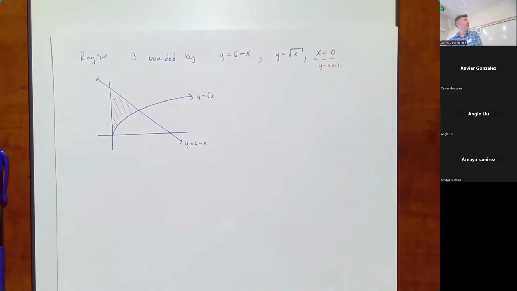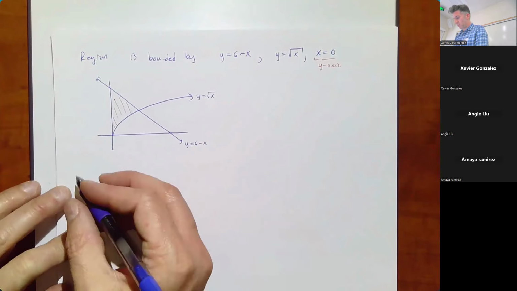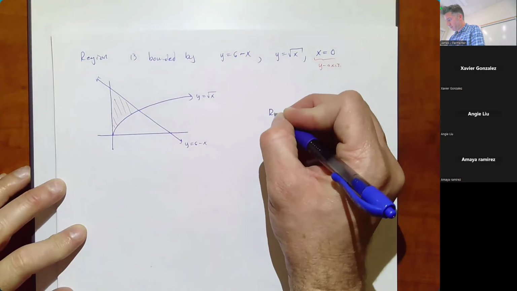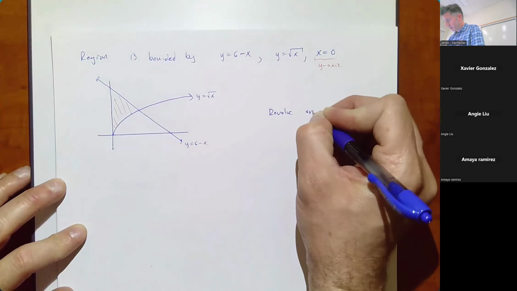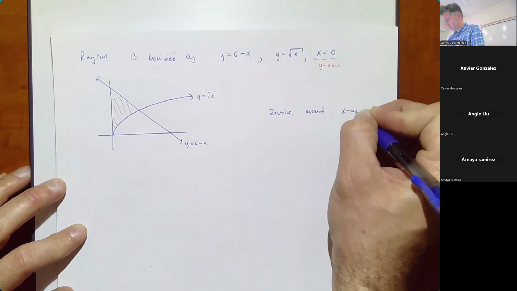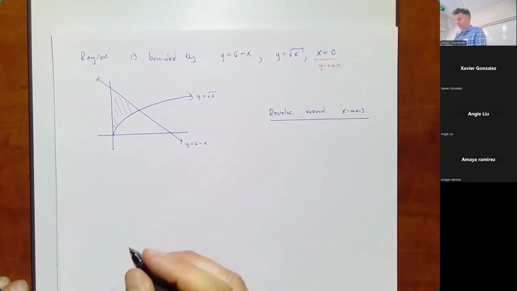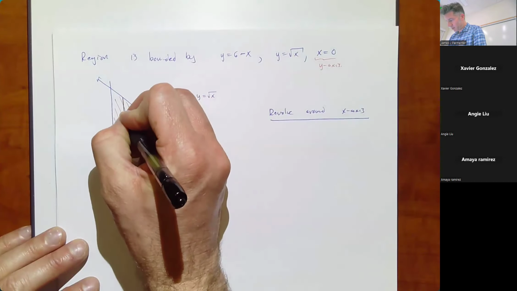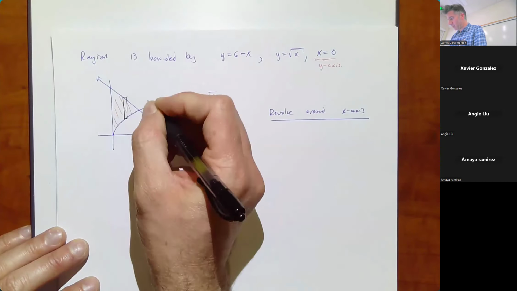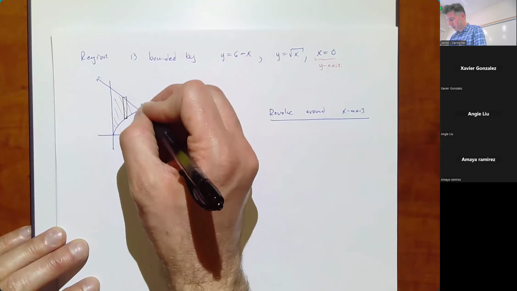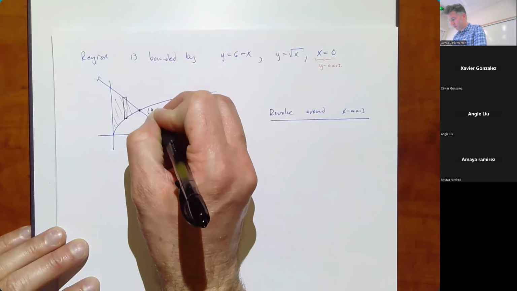So we're going to start by revolving it around the x-axis. We're going to use a vertical strip. I'll remind you all that this point of intersection is the point 4, 2.